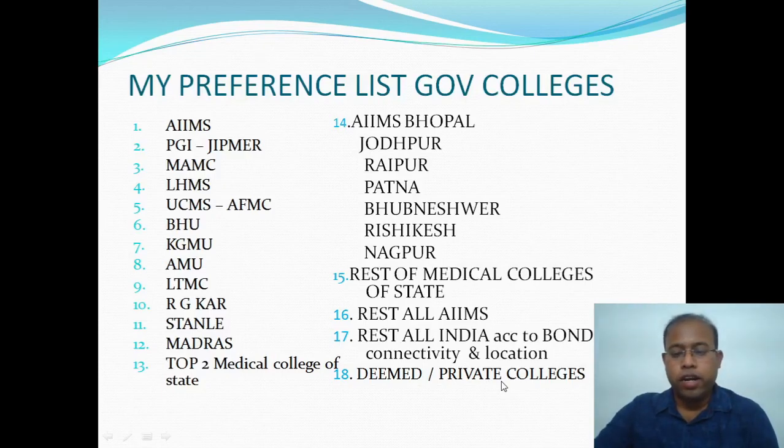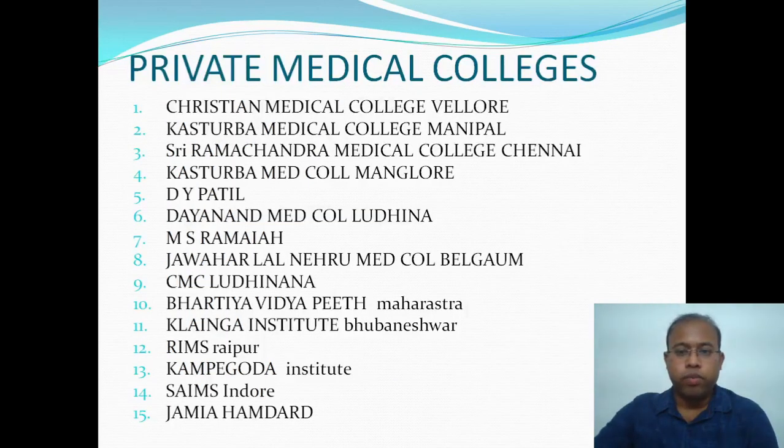In the next slide, I have listed all the top private colleges of our country, like Christian Medical College, then Kasturba Medical College, Manipal, then Sri Ramachandra Medical College, Chennai, and Kasturba Medical College, Mangalore, D.Y. Patil, Dayanand Medical College, Ludhiana, M.S. Ramaiah Medical College, Jawaharlal Nehru Medical College, Belgaum, CMC, Ludhiana, Bharati Vidyapeeth Institute, Maharashtra, Kalinga Institute, Bhubaneswar, RIMS, Raipur, Kempegowda Institute, SAMS, Aurobindo, and Jamia Hamdard Institute.